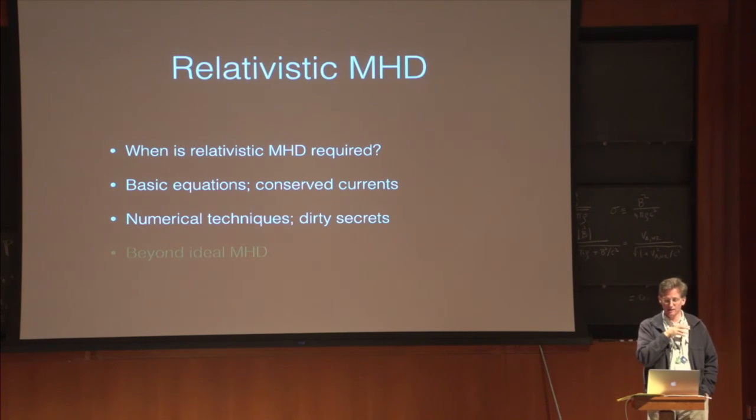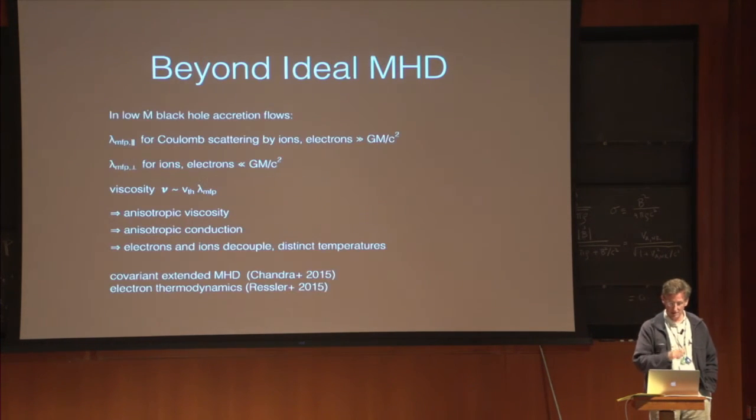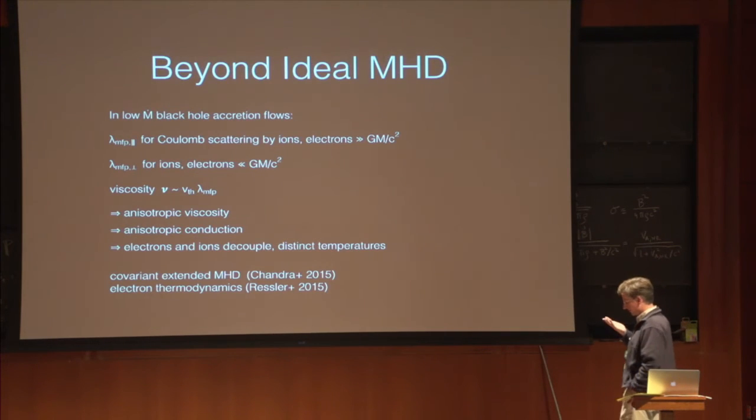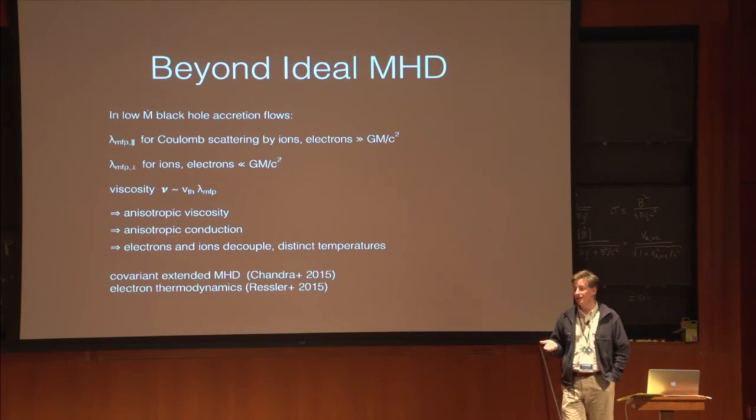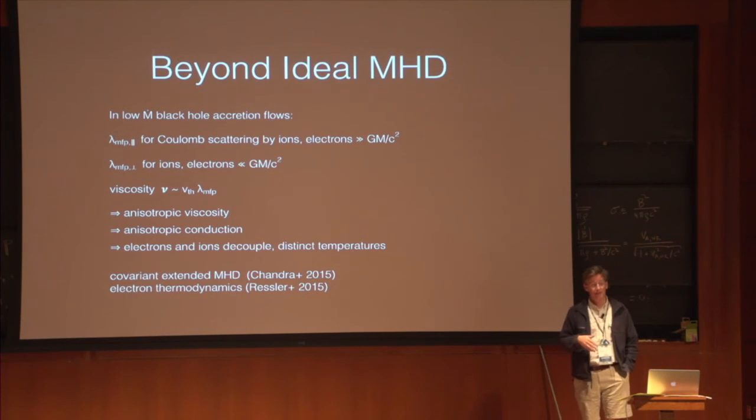And I'm going to describe a little bit of work we've done that's motivated by the problem of low accretion rate accretion onto spinning black holes, and in particular by the upcoming Event Horizon Telescope observations of the galactic center and of M87.